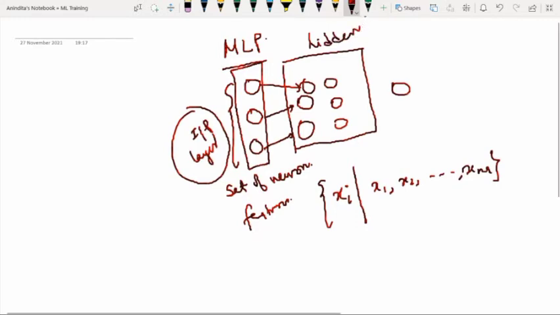Each neuron in the hidden layer represents some transformation of values from the previous layer with a weighted linear summation. We know that whenever we are dealing with input neurons, some weights are associated with them.